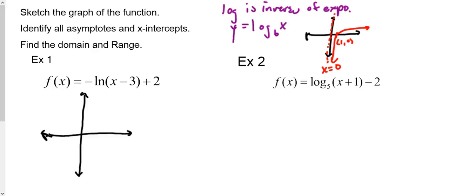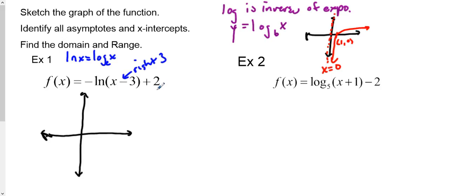Well, what's happening here is we are taking this graph, and it is moving to the right 3 units. Now, this is a natural log, just so everyone knows. Whenever you have ln of x, that means it's log base e of x. So there's a base of e here, even though it's not shown. So we are going to the right 3.